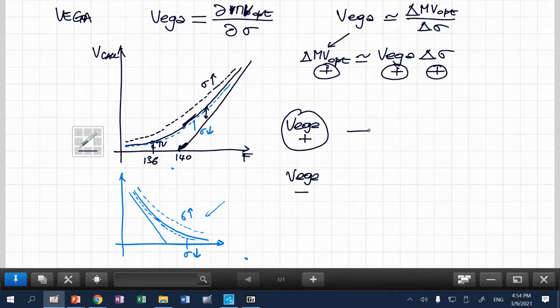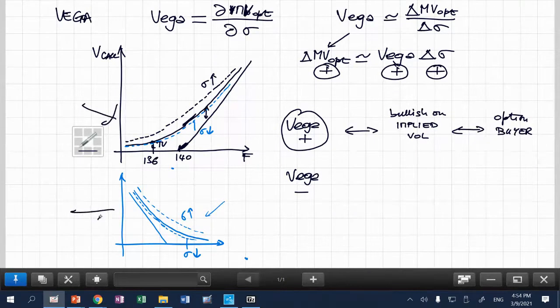So being Vega positive is equivalent to being bullish on implied volatility. And this position of the guy who makes money if volatility goes up is the position of the option buyer. Why? Because we've seen through the graphs that an increase in volatility implies a higher option value. And of course, this is good news for the buyer and bad news for the seller.